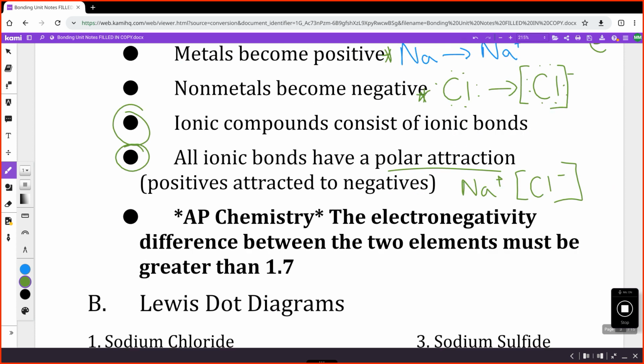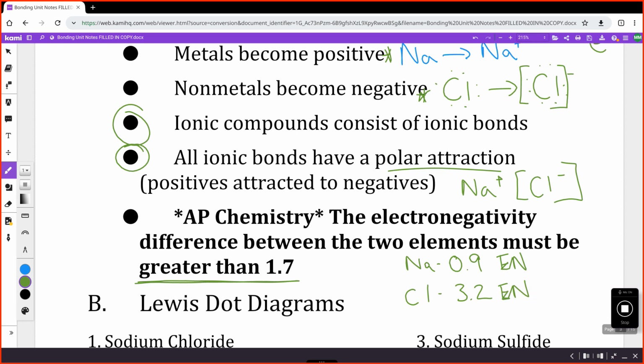If you were taking AP chemistry or higher levels of chemistry, you're really looking for an ionic bond to be classified as a large difference. And a large difference is when they're 1.7 or greater. So in the example of NaCl, we're dealing with an element of sodium with a 0.9 electronegativity. We're dealing with chlorine having a 3.2 electronegativity.